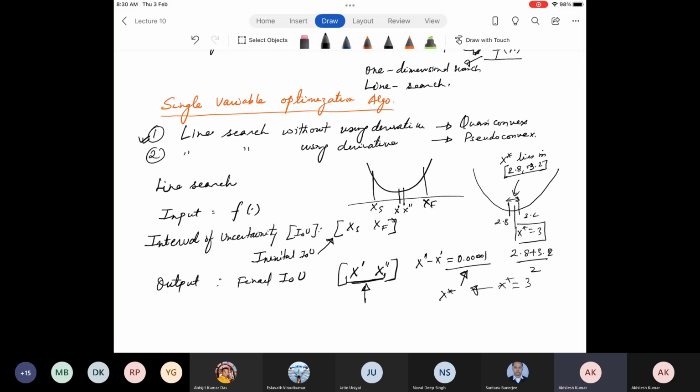Okay, so for a line search kind of algorithm, we do not care about continuity. We do not care about differentiability. We do not care about any analytical expression of the function.